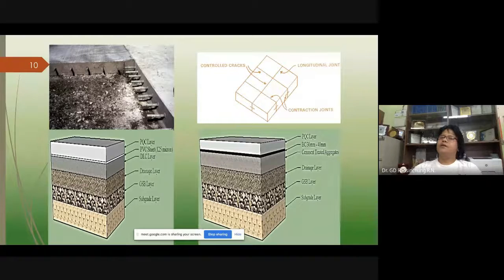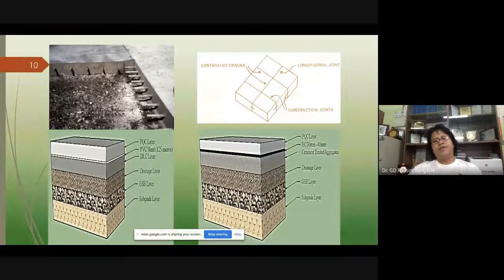We don't normally term them as subbase and base, because base course is not considered in the rigid pavement system. In lieu of that, we prefer to term them as lower subbase and upper subbase.